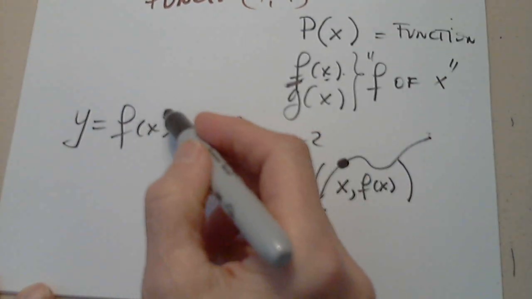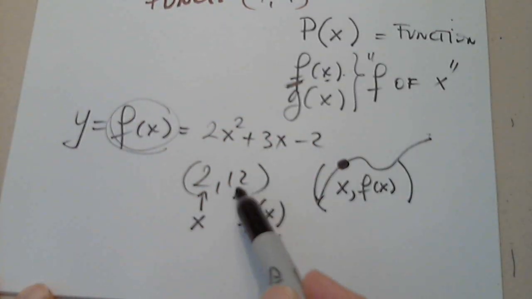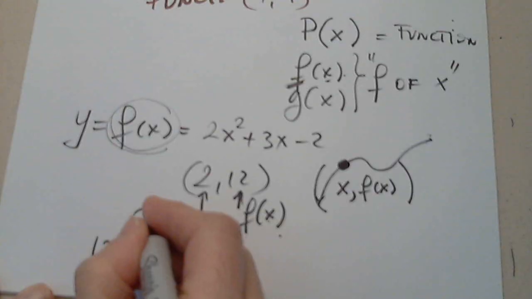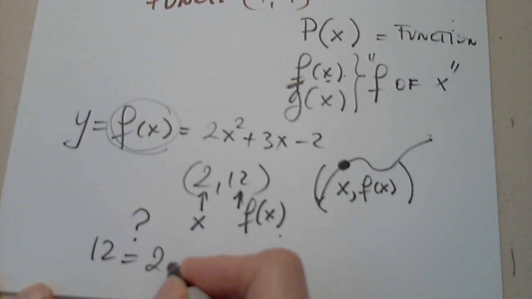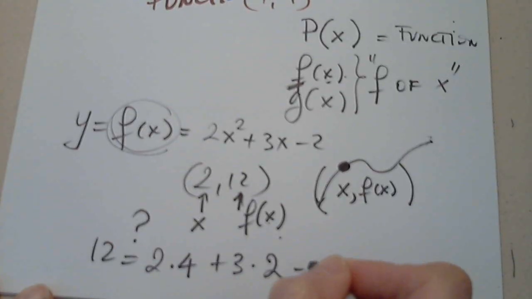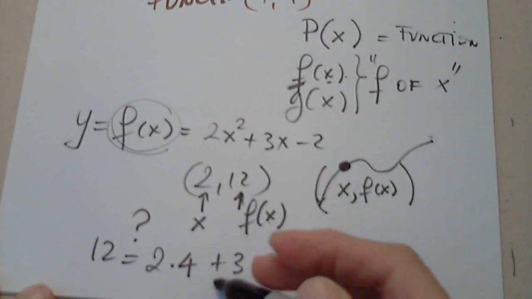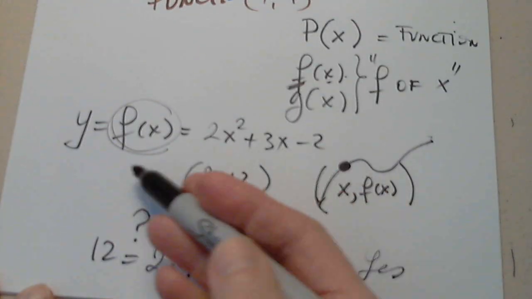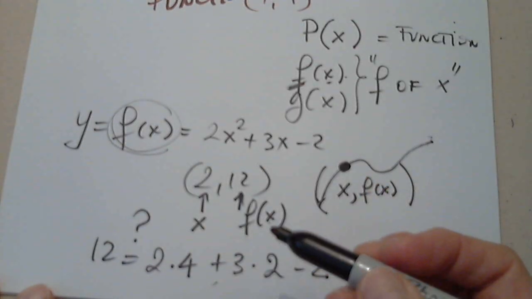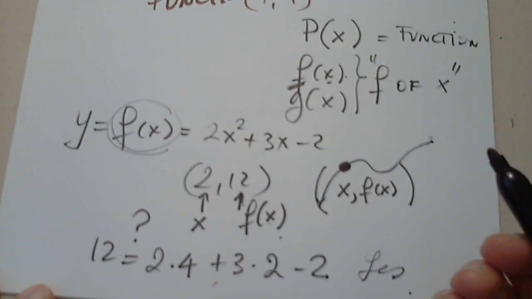So I will replace the left-hand side, or y or f of x, it doesn't matter, by 12. And I'll say, does this equal 2 times 2 squared, which is 4, plus 3 times 2 minus 2? If I say yes, then the point is on the graph because it verifies the equation. If I say no, then the point is not on the graph because it does not verify the equation.